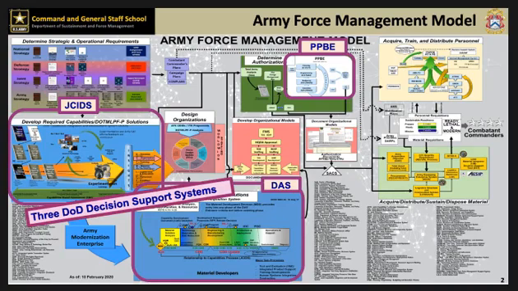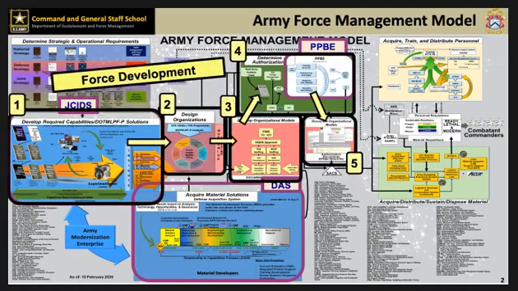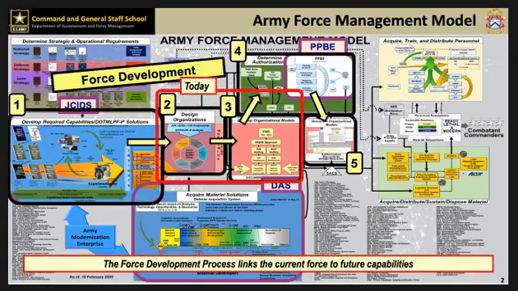Today, we will focus on the Army's force development process. We already discussed the first phase, JSIDs. Now we will examine phases 2 and 3, designing organizations and developing organizational models. We are getting closer to force integration and describing how the Army links the current force to future capabilities.